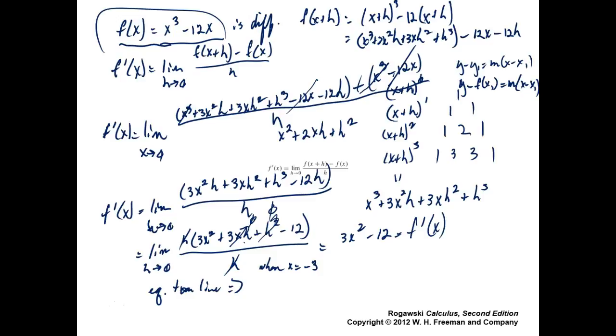Isn't y1 f of x1? Okay. So if we're looking for the x equal negative 3, we know what x1 is. Negative 3. And what's your y1? F of negative 3.